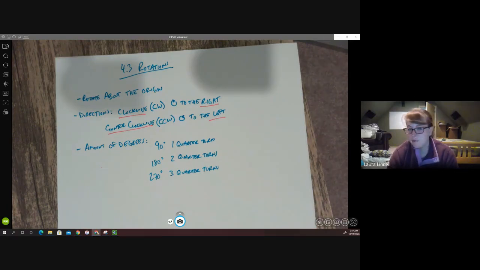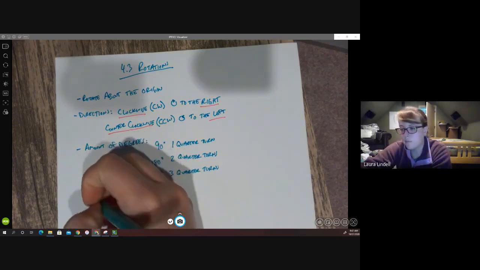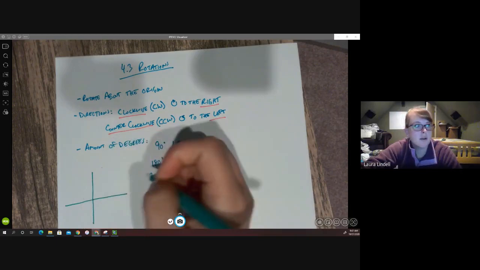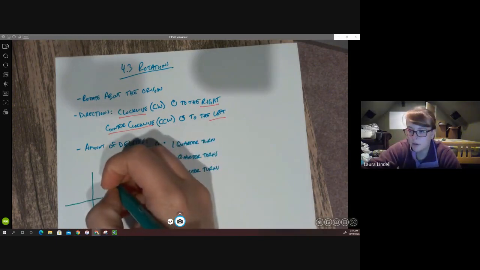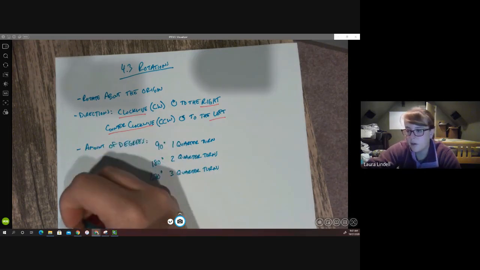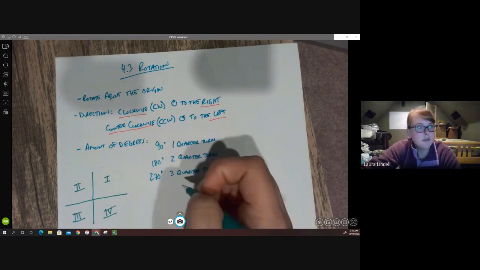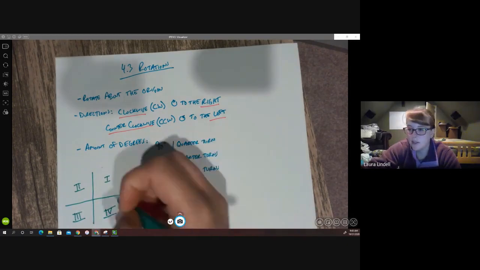Now we're going to talk a little bit about the rules of what's going to happen to your points from each of those rotations. And I'm going to draw a quick coordinate plane here and remind us of a few things. So if you remember the quadrants from back in probably algebra, this was the first quadrant, this was the second quadrant, this was the third quadrant, and this was the fourth quadrant, and usually labeled with Roman numerals and stuff like that.